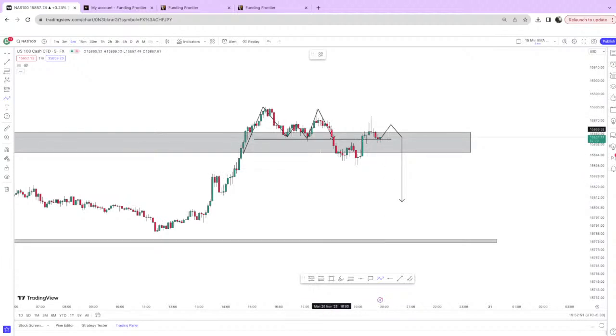Another scenario is I consider this as a single bottom. One bottom is formed here, and this will be the neckline, and the market shoots up, retests, and then goes up. So I'll be interested in a buying side trade. These two will be my criteria for the day.